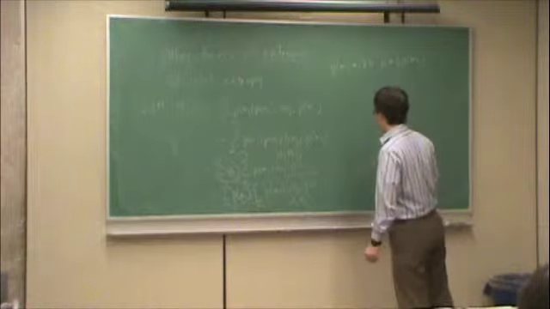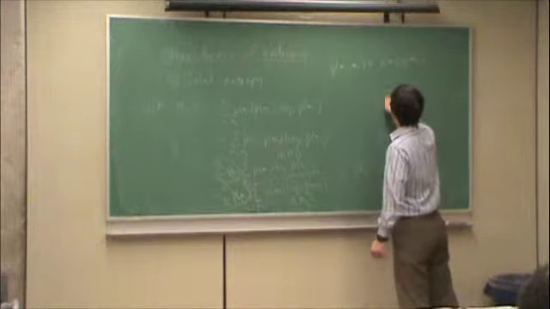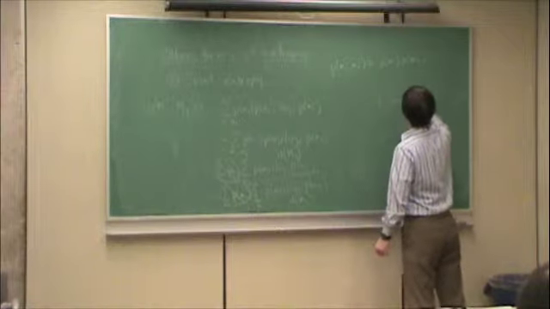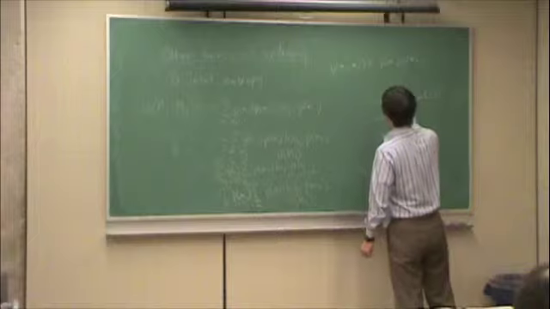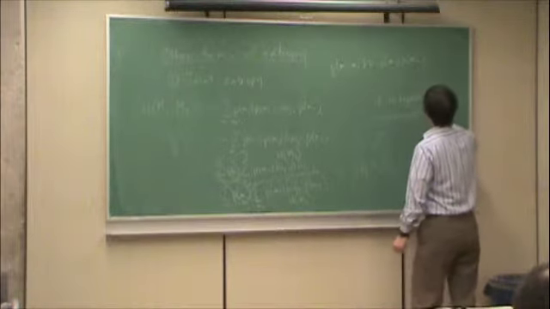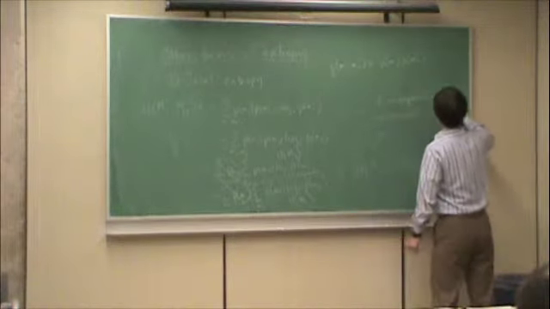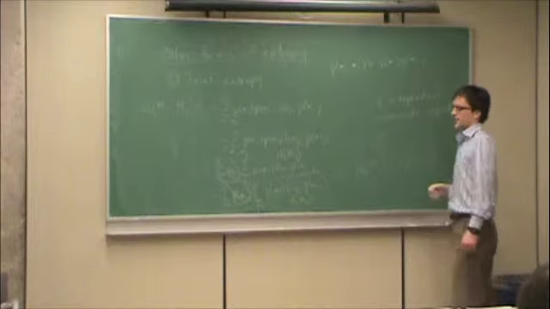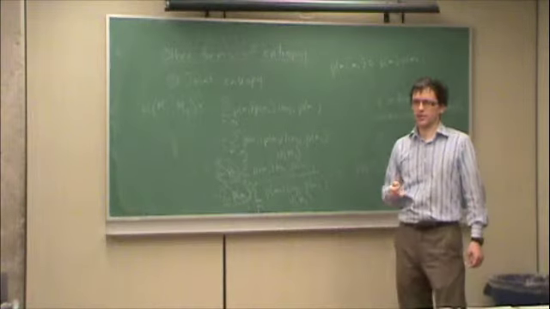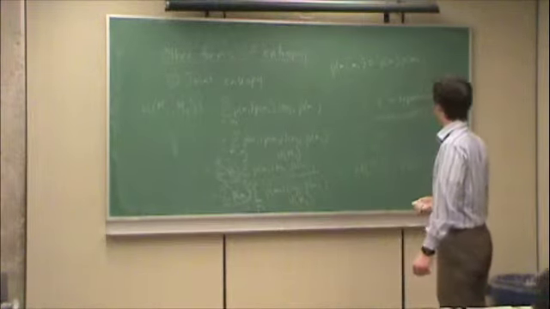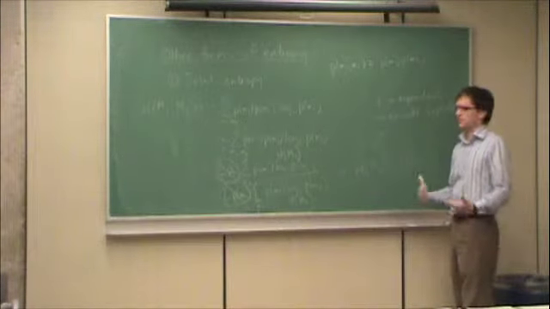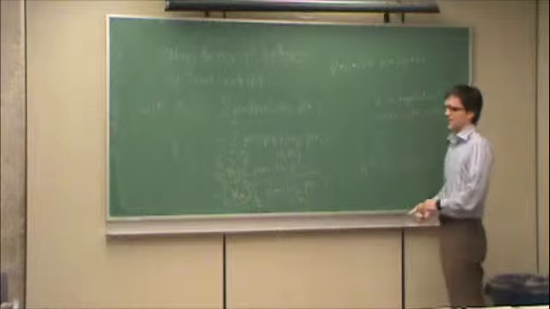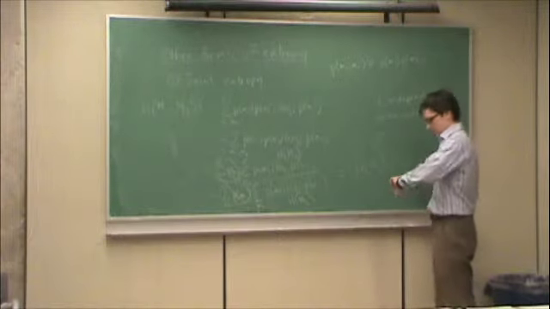So in other words, if they're independent, then encode separately. There's no gain to be had by trying to encode them together. And that makes sense. If M1 isn't telling you anything about M2, there's no reason why you should be able to gain by knowing one or the other.